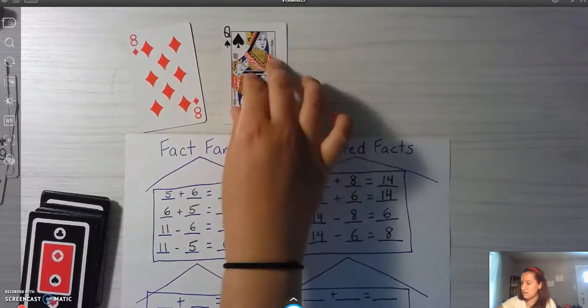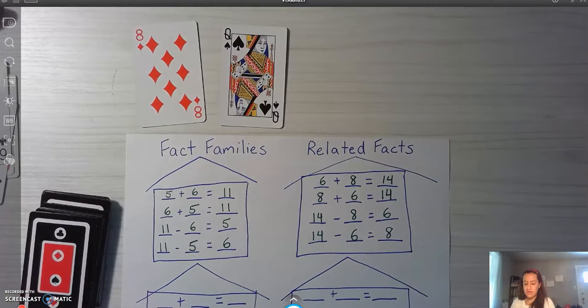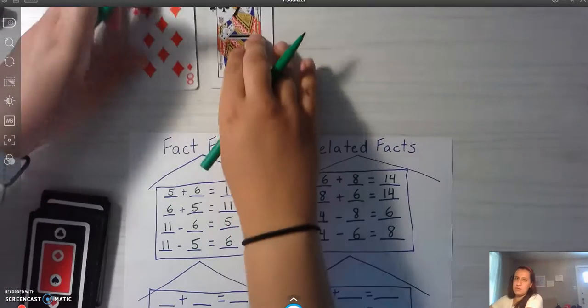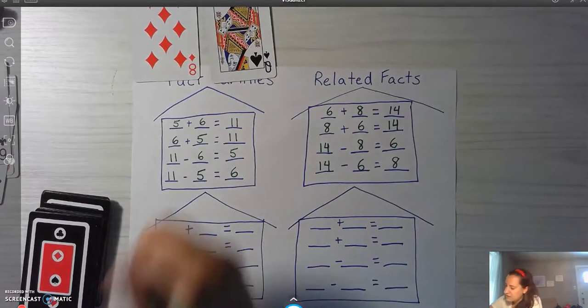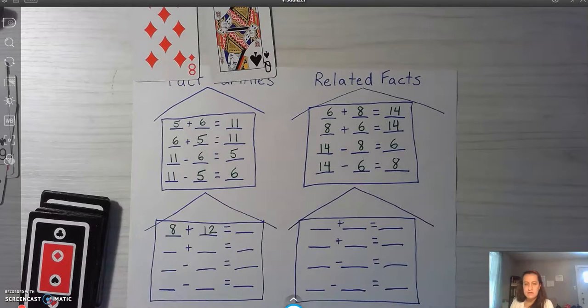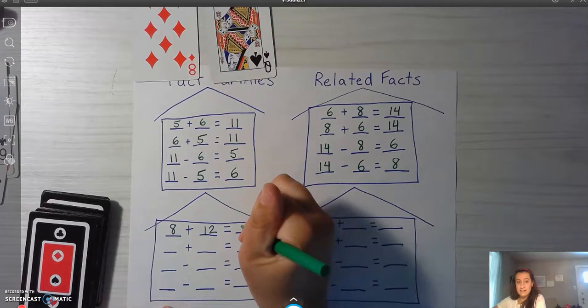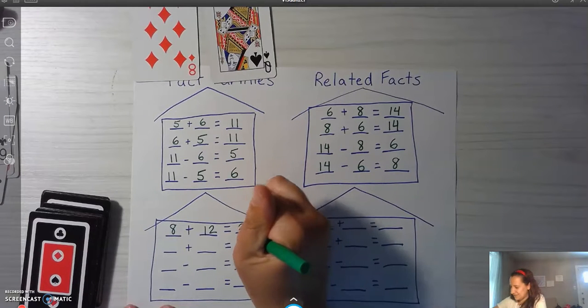So if I pick one of those, I want to pick the Queen. So 8 plus the Queen, which we said was 12, that's going to be my fact family. And I'm going to move my cards so you can see my other fact family down here. 8 plus 12. So I'm going to put those numbers together and get 20.